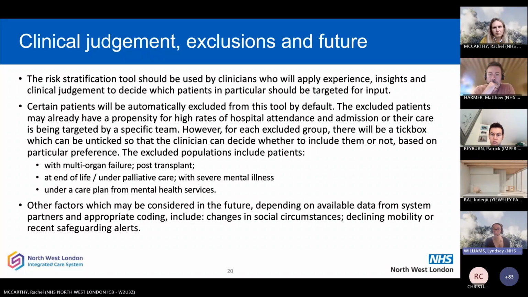So it will need someone clinical to go through and ask, is this relevant? Is this appropriate? We have ciphered off patients where we've got multi-organ failure, end-of-life palliative, severe mental illness, and under a care plan for mental health. And these are not going to be totally excluded. You can add them back in, or you can remove them again.